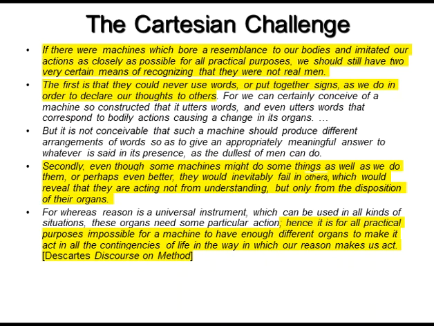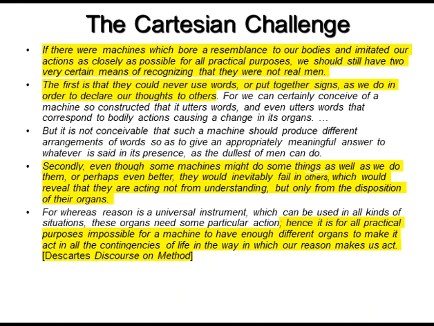If there were machines which bore a resemblance to our bodies and imitated our actions as closely as possible for all practical purposes, we should still have two very certain means of recognizing that they were not real men. The first is they could never use words or put together signs as we do in order to declare our thoughts to others. Secondly, even though some machines might do some things as well as we do them, or perhaps even better, they would inevitably fail in others, which would reveal that they were acting not from understanding but only from the disposition of their organs, or programming, for example.